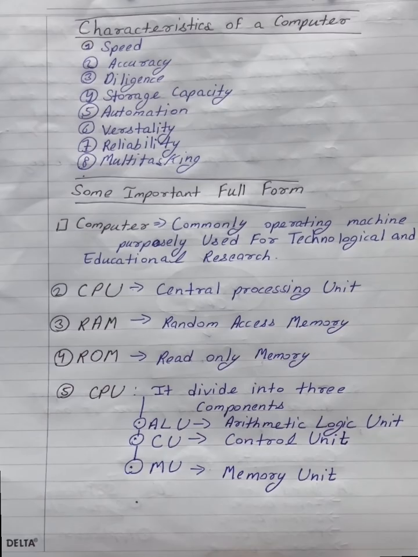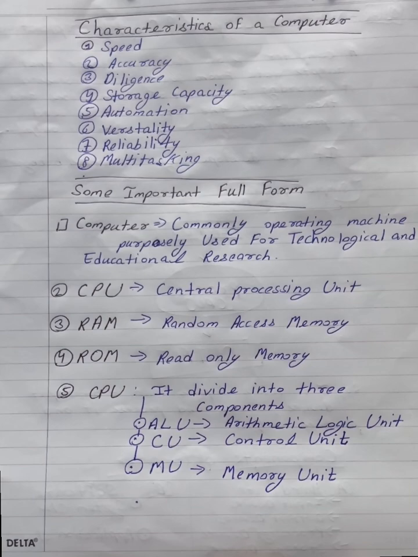Apart from that, if we talk about CU, Control Unit, it controls and coordinates all the activities of the computer, and it acts like a manager that directs different components and ensures that the instructions are executed in a correct sequence.